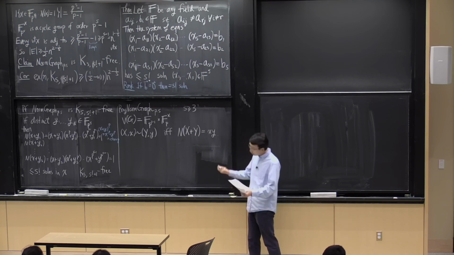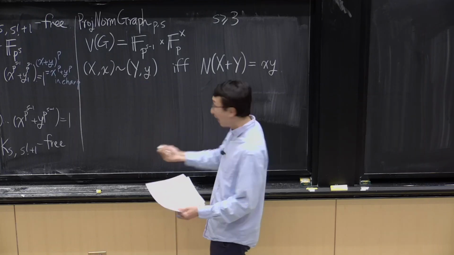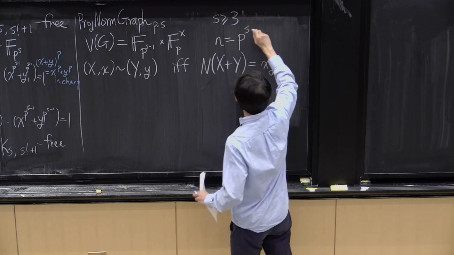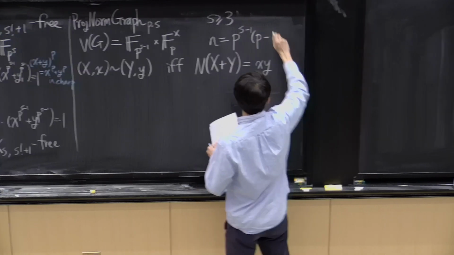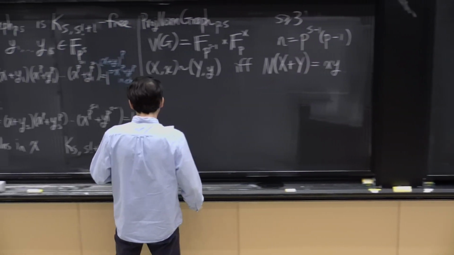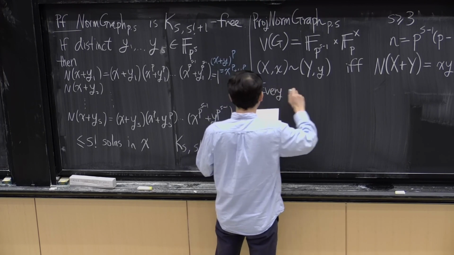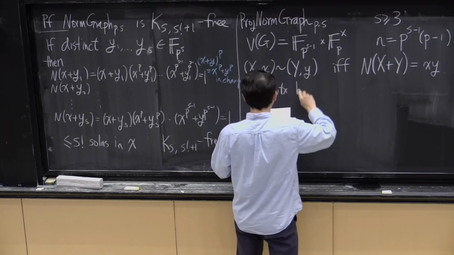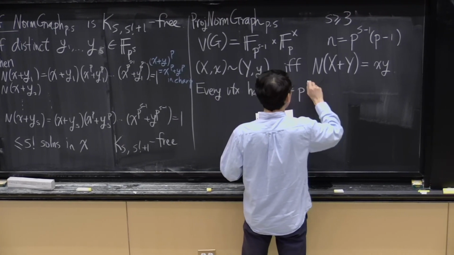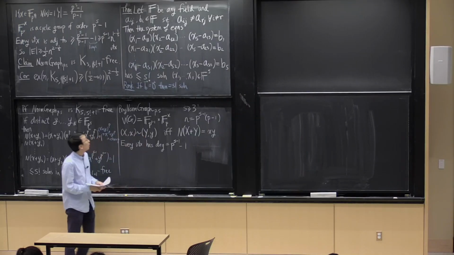Now you can run through a similar calculation that tells you the number of edges. First of all, the number of vertices is p to the s minus 1 times p minus 1, so basically the same as p to the s. Additionally, every vertex has degree exactly p raised to s minus 1, minus 1.